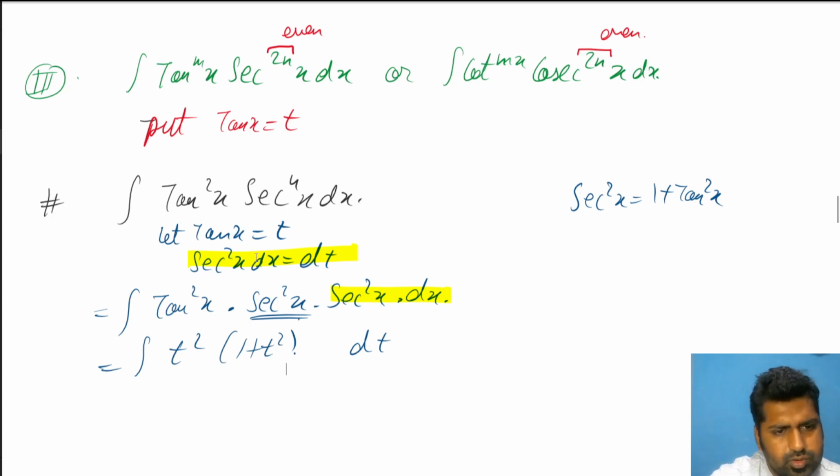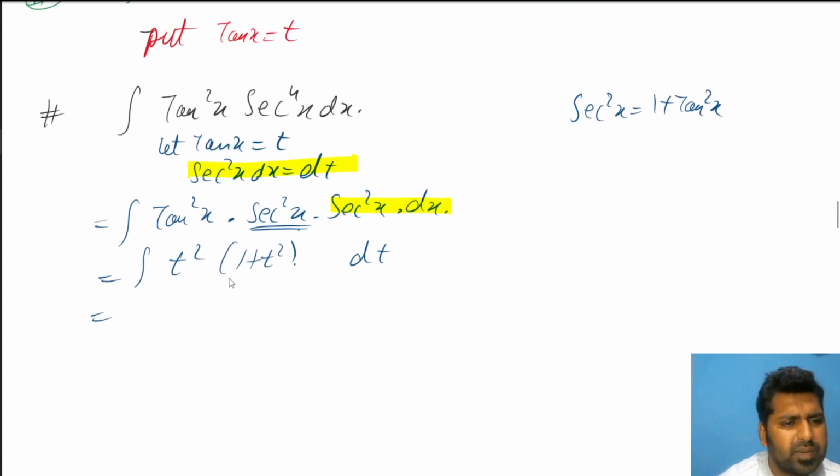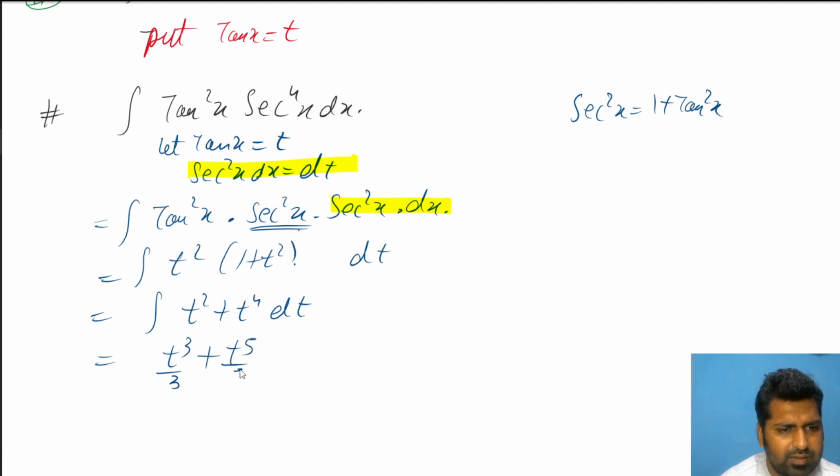All right. So let's write down. Now multiply. Integration t square into 1 plus t square, that is t square plus t raised to power 4, dt. Now I think after that this integration is very simple. t cube by 3 plus t raised to power 5 by 5 plus c. And you can replace the value of t. What was t? Tan x. So tan cube x by 3 plus tan raised to power 5 x by 5 plus c.